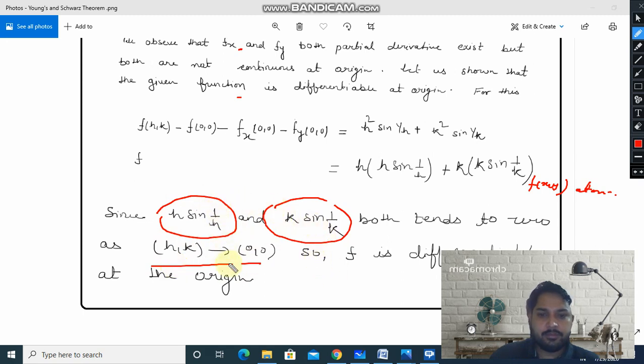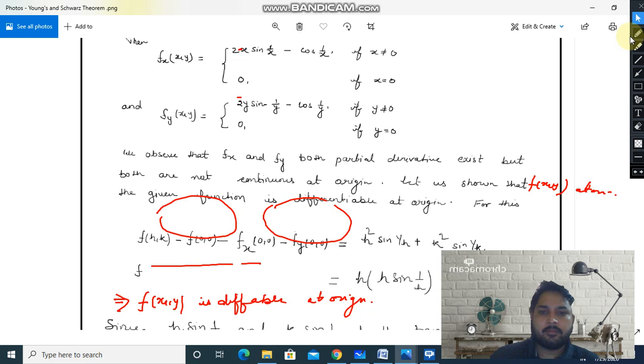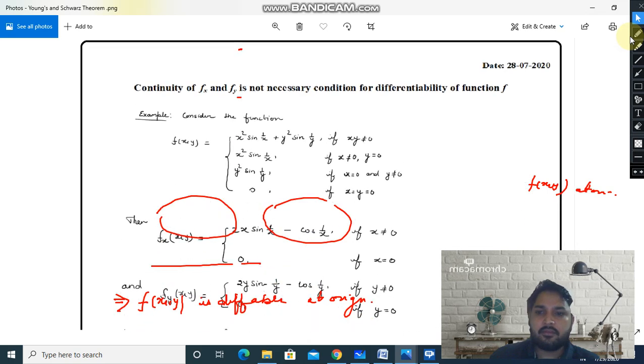So this implies that the function f(x,y) is differentiable at the origin. So we conclude that the given function is differentiable at the origin, but its partial derivatives are not continuous at the origin. So that means the condition of continuity of fx and fy is not a necessary condition for the differentiability of a given function of two variables.